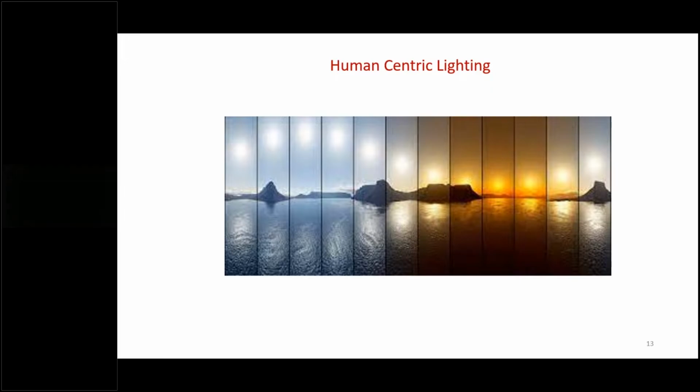And the idea is that human beings were brought up under the natural sunlight, and you can see that the sunlight throughout the different parts of the day changes its color temperature and its intensity. During the early morning and late evening it is warm colors, lower color temperature, and at noon during the day there are higher, cooler color temperatures. So this is the way human beings were brought up over thousands of years. We evolved under this kind of lighting.